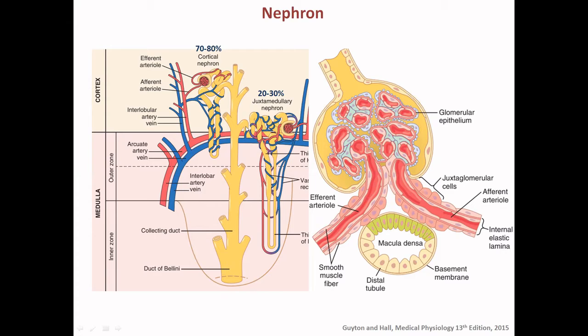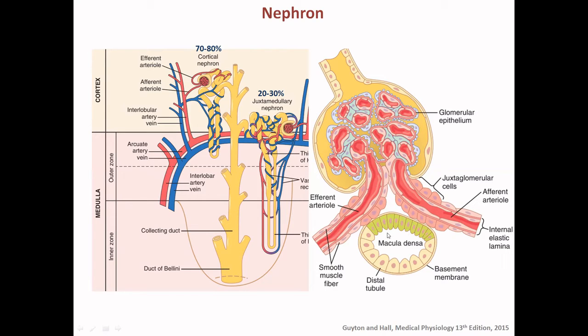This distal tubule, when it is moving into the cortical collecting duct and finally to the collecting duct, is in close association with the glomerulus or the Bowman capsule, and associated to the afferent and the efferent arteriole are the macula densa cells, and they have the ability of sensing the sodium concentration in the distal convoluted tubule.